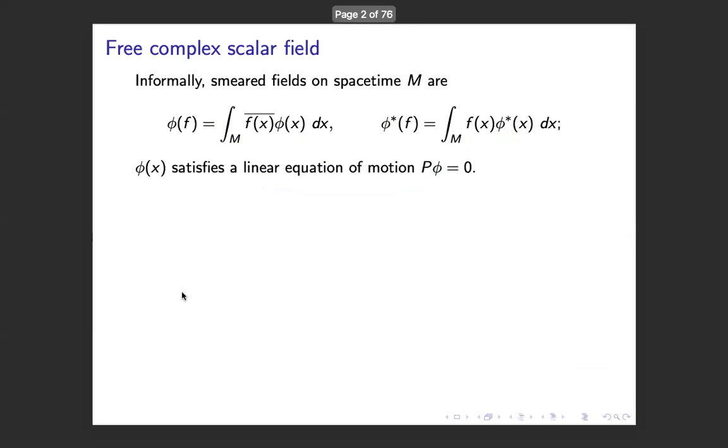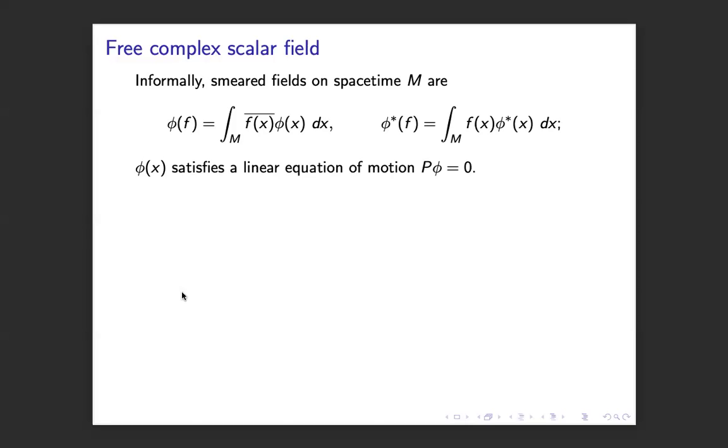Okay, great. So I'll start by reviewing the basic concepts of QFT in curved spacetime, because that's what we're building off of, in the algebraic framework. So we're looking at a free complex scalar. Informally, we have some field phi of x.